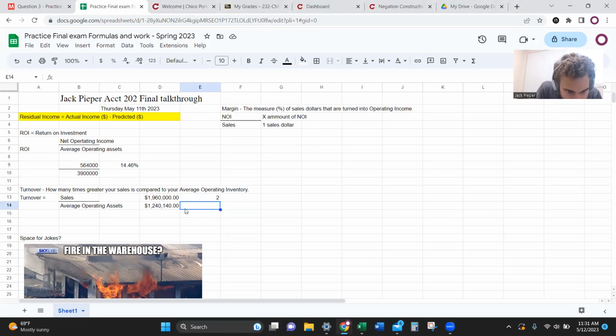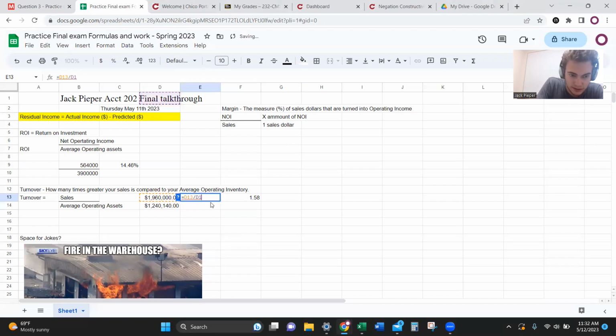What? I'm doing it on my calculator. 1,960,000 divided by 1,240,140. That is not 2. It's 1.58.